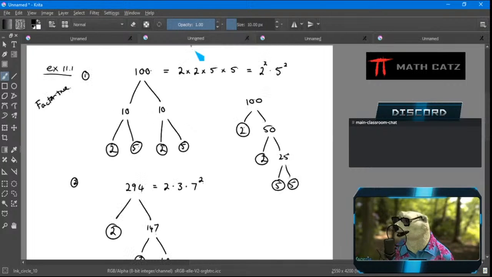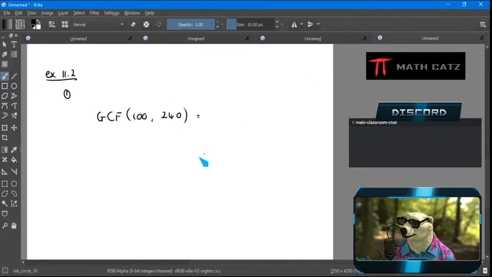So now I have to go and find where is 100. It was 2 squared, 5 squared. Okay, no, 2 squared. What is wrong with me today? Why am I in a hurry? We have so much time. I need to relax. 100 is 2 squared times 5 squared. 240.